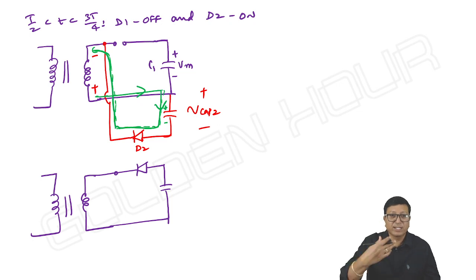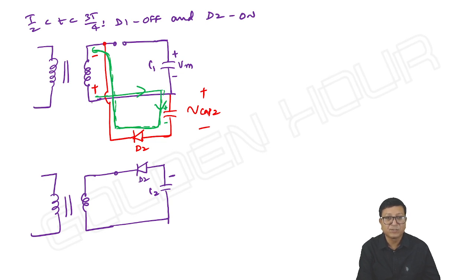Diode is taken up, removing C1, D2, C2. So the anode goes to the negative terminal and the cathode, the other end, comes to the plus sign, towards Vs with polarities this way.